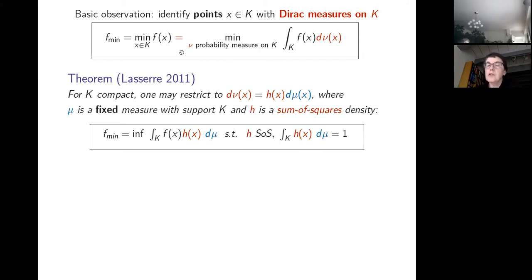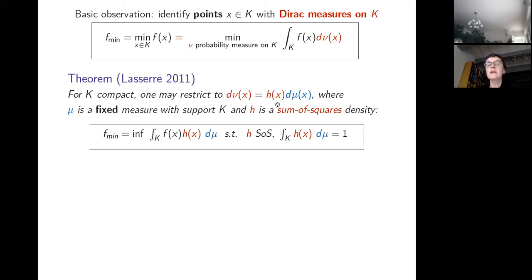But the first result, due to Lasserre, is that in this optimization problem we don't need to optimize over all probability measures on K. What we can do is fix one measure mu on K, and then look at all the measures nu which have a density function with respect to this fixed measure mu. That's the first thing. And then you don't need to look at all continuous density functions.